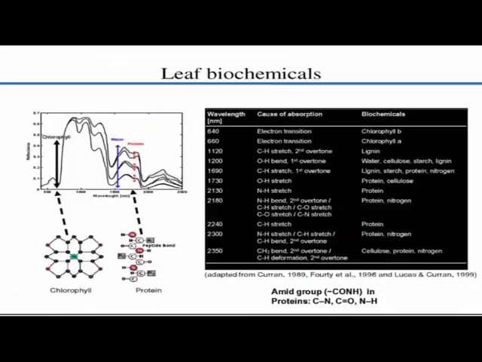Then coming back to the leaf biochemicals and how they affect the reflectance, you can look back to 1989, contributed by Dr. Curran and Fourty et al., later 1996, and also Lucas and Curran 1999. You can see the wavelength ranges given here from 640 to 2350.